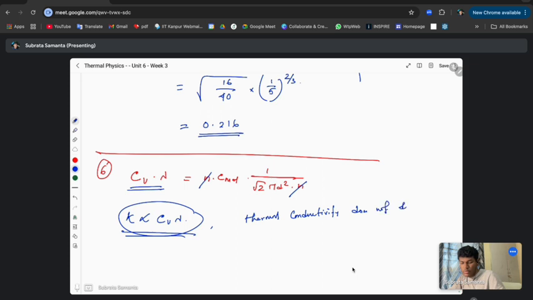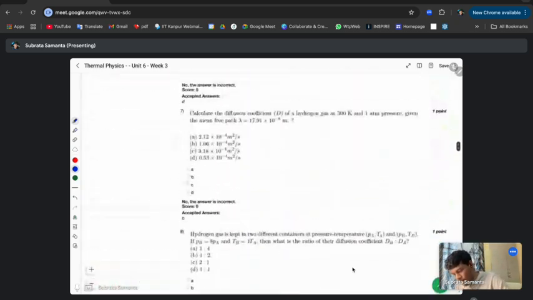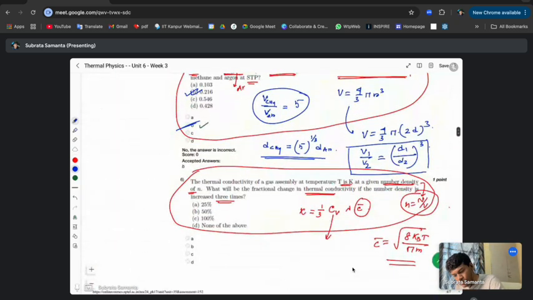So thermal conductivity does not depend on the number density, small n or capital N. Then what is the answer? What is the fractional change of thermal conductivity if the number density is increased 3 times?